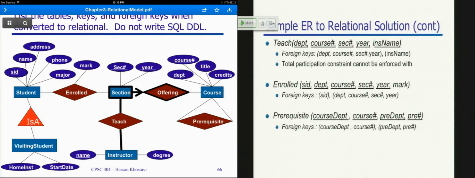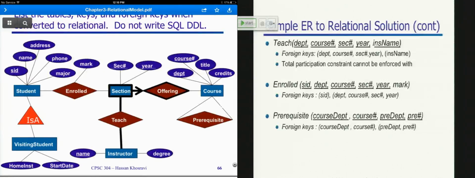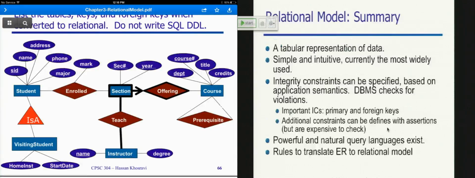Prerequisite is the relationship between course and itself. So we're going to have course department, course number, prereq department, and prereq number as the information. Foreign key, course department, course number to make sure the course exists, and also prereq department and prereq number to make sure the prereq also exists.